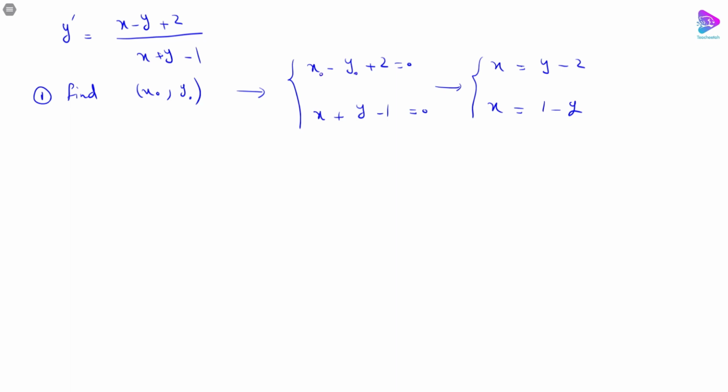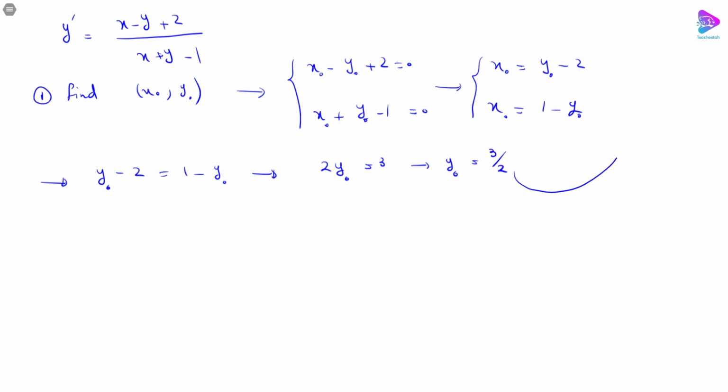Let's call this x0 and y0 to differentiate, and therefore we can say y0 minus 2 is equal to 1 minus y0, which gives 2y0 equal to 3, and then y0 would be equal to 3 over 2.